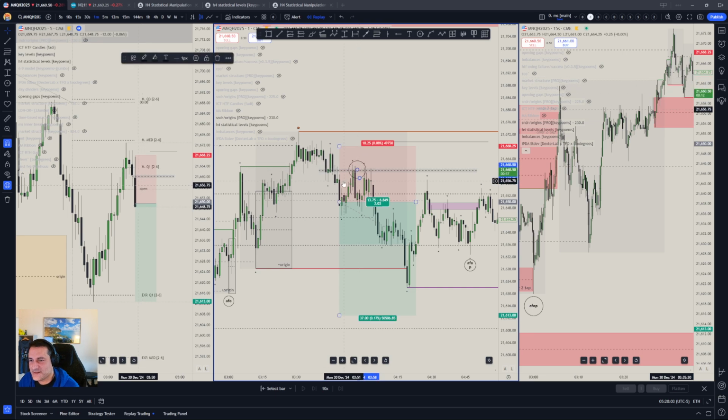It was wicking it, and it could not go up. So the perfect entry would have been here. Looks gorgeous. Instead of an 18-point stop, it would be much less. But alas, I did take this short.